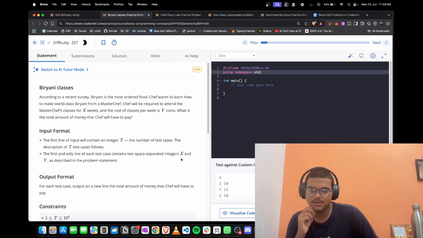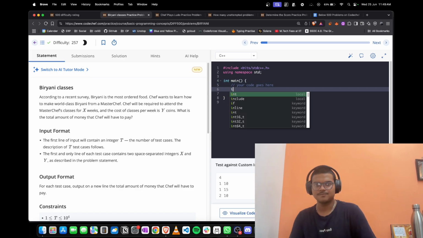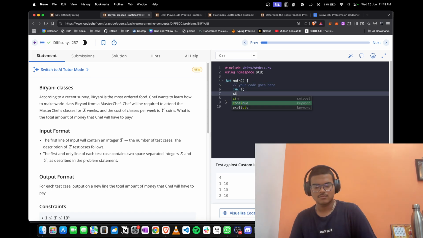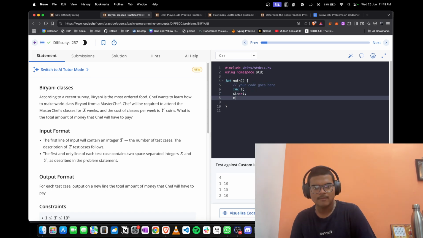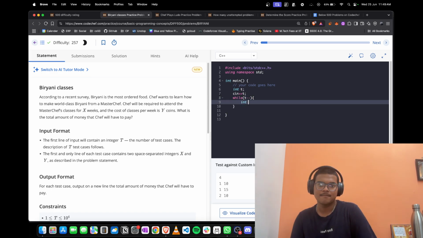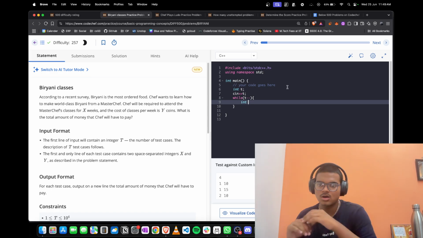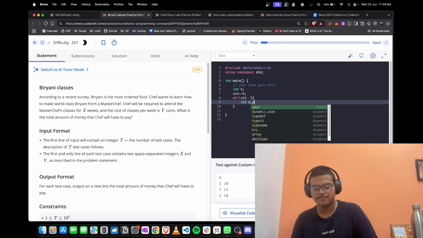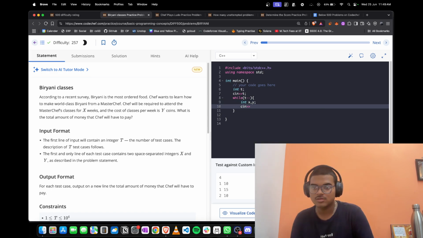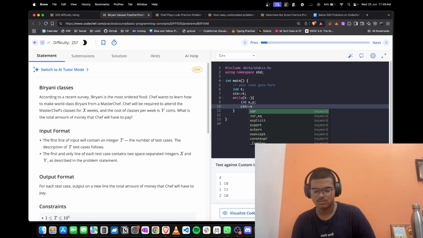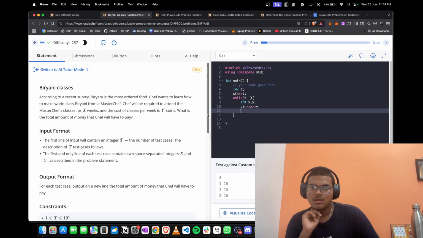So first we will make the test case. We will take two inputs, x and y, because we can see in the input format there are two spaced integers x and y.